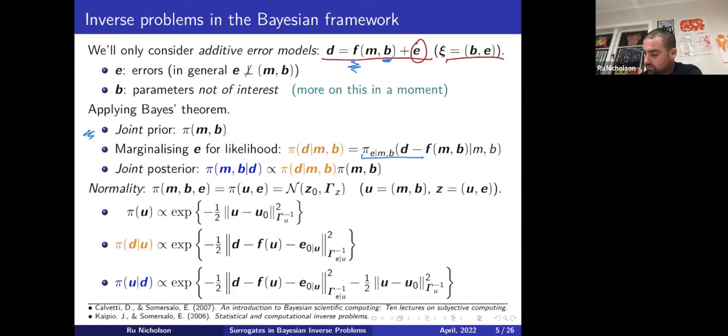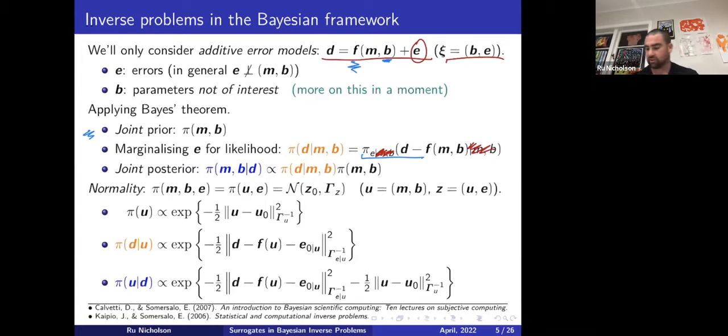And so again, if the noise was indeed independent of the parameters, we would simply drop this conditional dependence here, right? And that often pops up as well. And then again, plugging in for the final step, for the posterior, we'd get that the joint posterior is given by that equation.